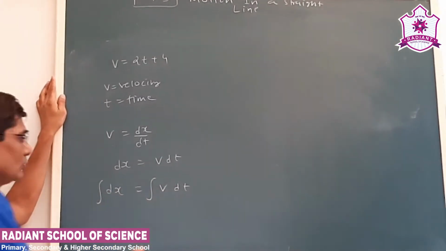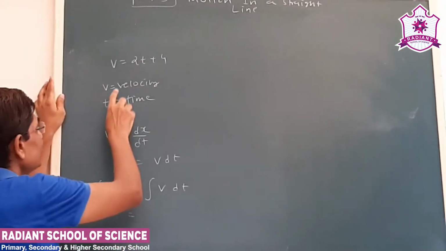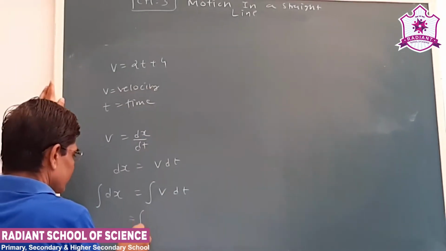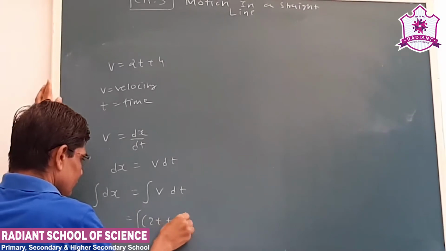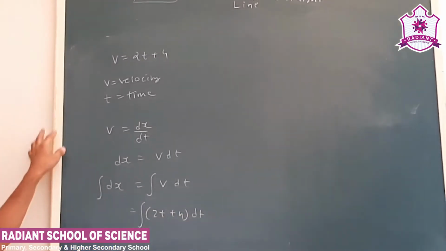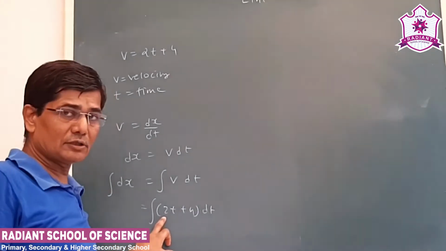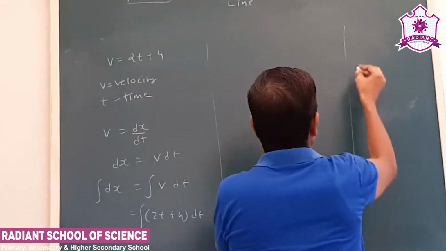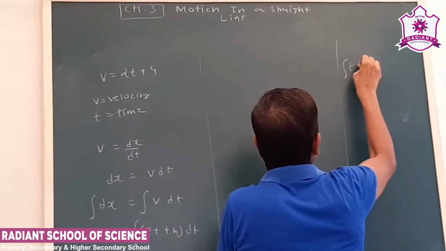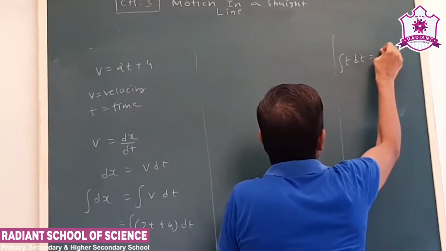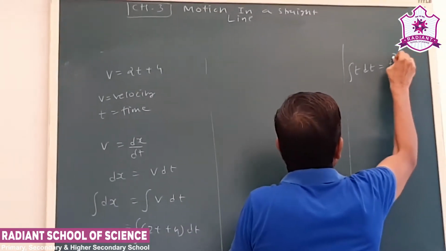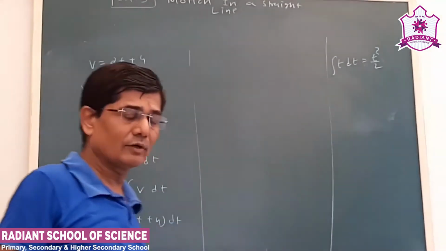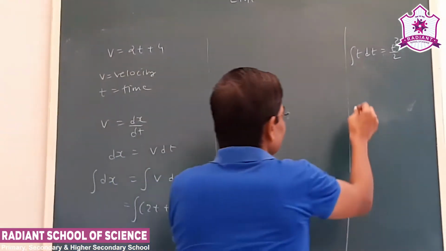Now what is the equation of velocity we are given? 2t plus 4. Here 2 is the constant term. The integration of t is t square by 2.